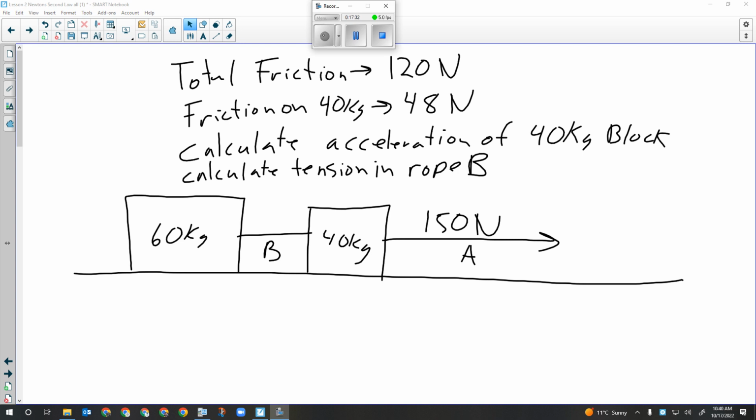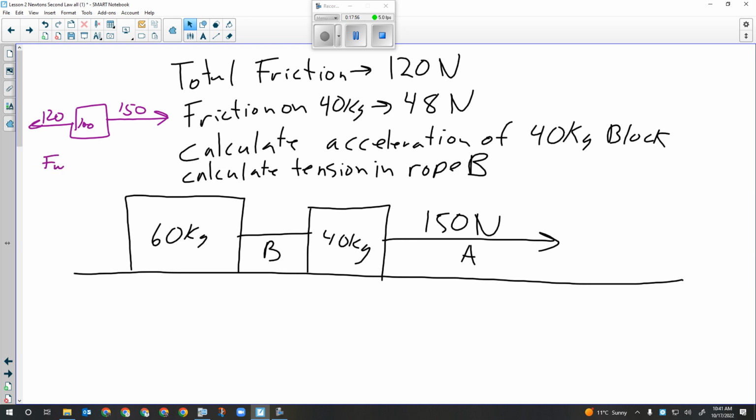All right, so first thing, calculating the acceleration of the 40 kilogram block. The easiest way to do that is calculate the acceleration of the whole thing. That's the simplest way. So if I just simplify this diagram down to 100 kilograms, it's being pulled this way by 150 and this way by 120. That's it. That's how I would get the acceleration.